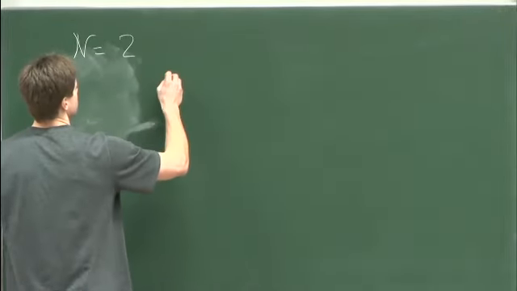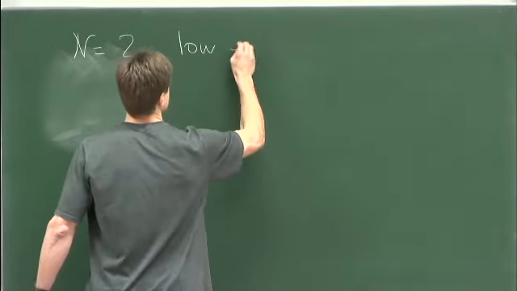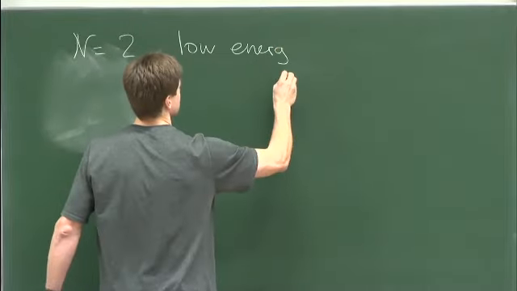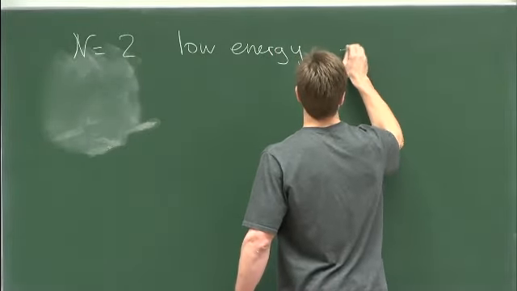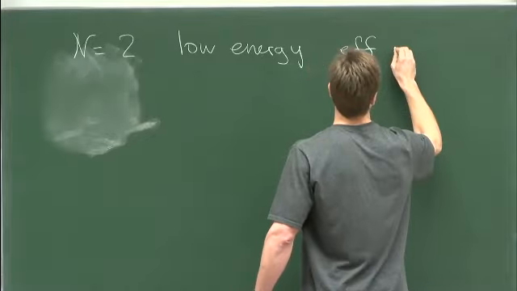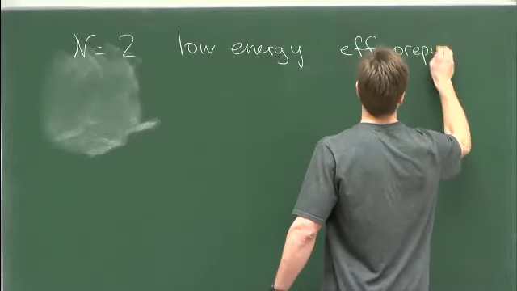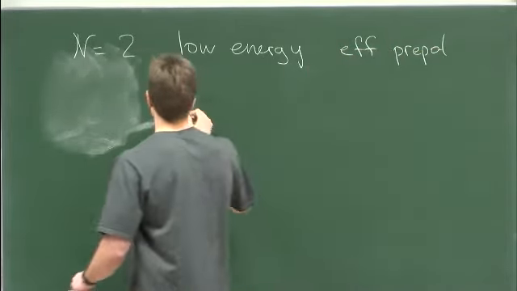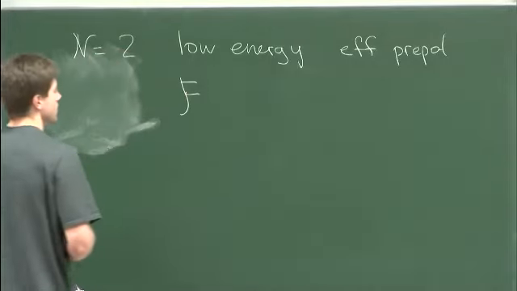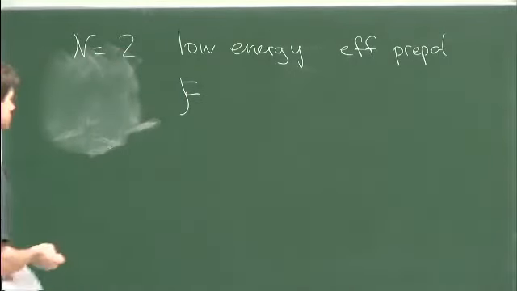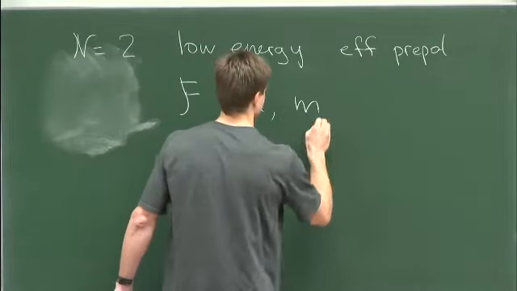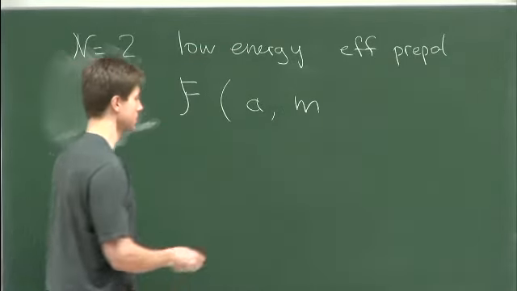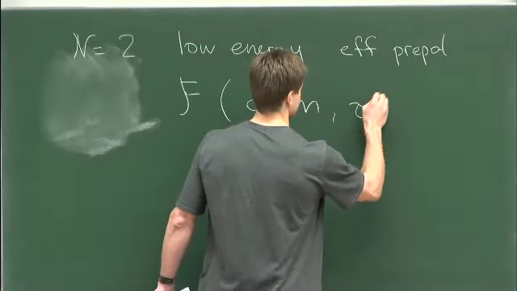Okay, so the goal is to compute the low energy effective prepotential, curly F, which is a function of the following parameters. It is a function of A, the Coulomb moduli, of M, the masses of hypermultiplets, and tau, the coupling constant.